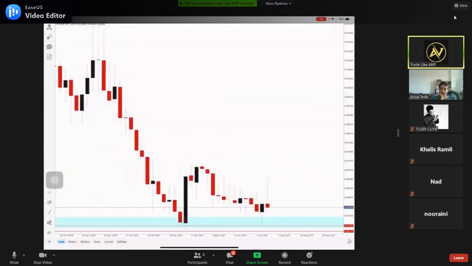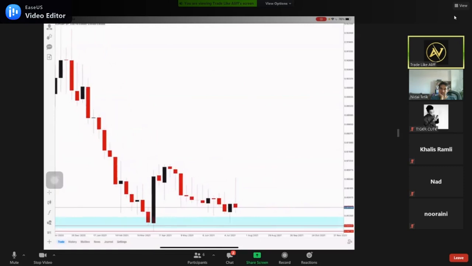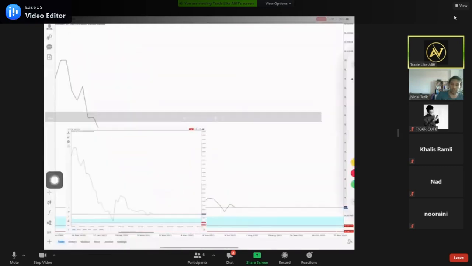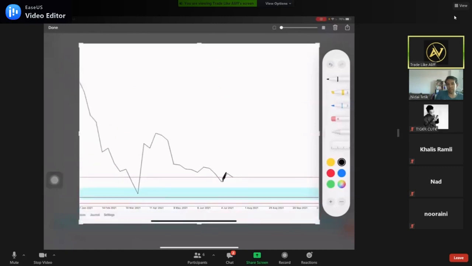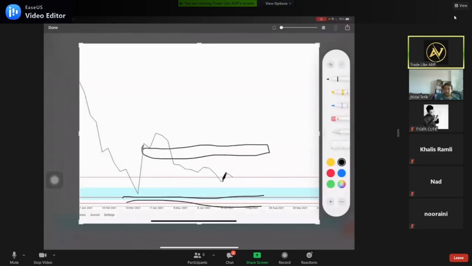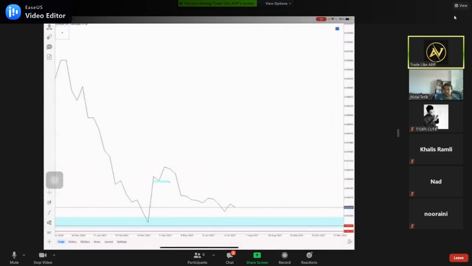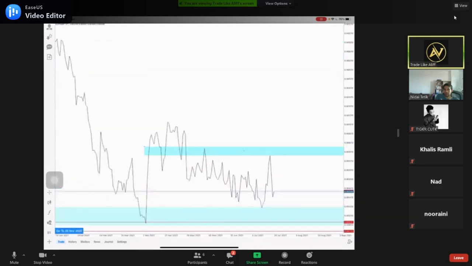Look. We are here last week. So we have to mark a valid support and resistance. So here, our support. Where is our resistance? We can see here has a breakout. Okay, weekly breakout. So we mark the weekly breakout.